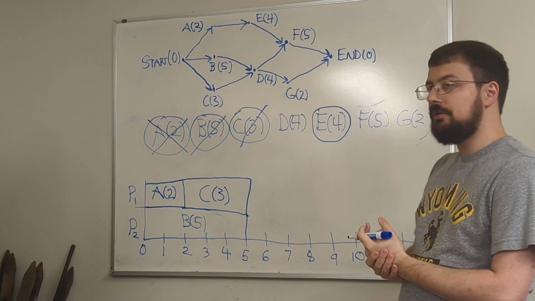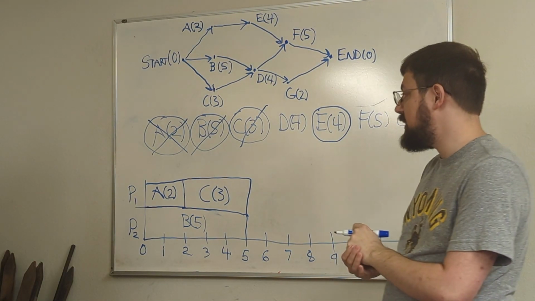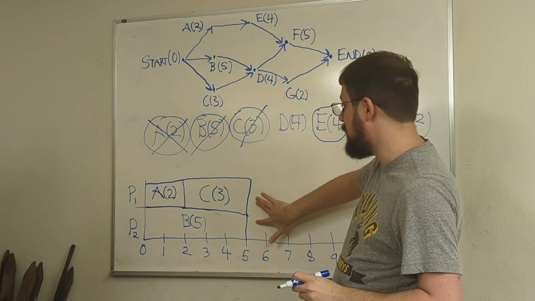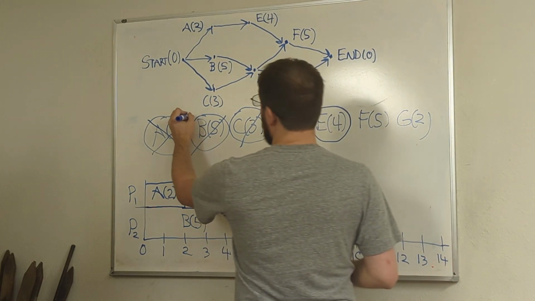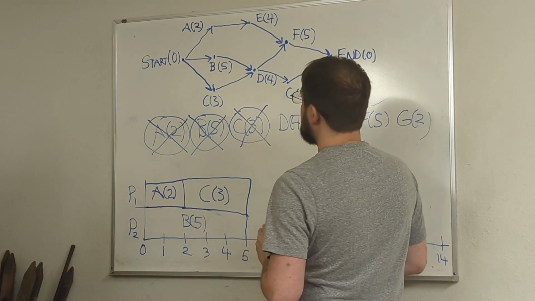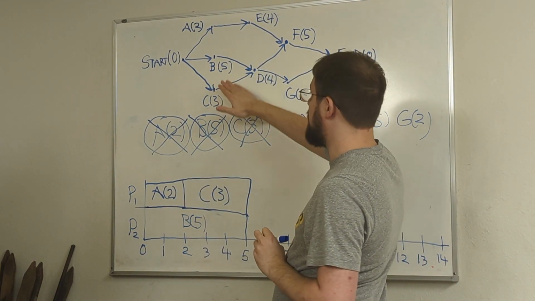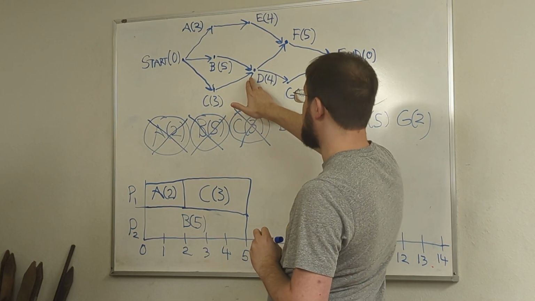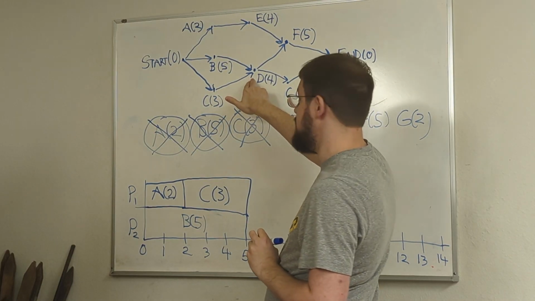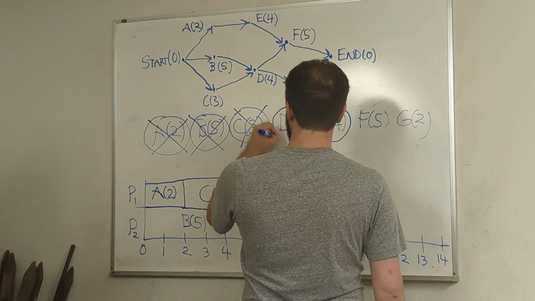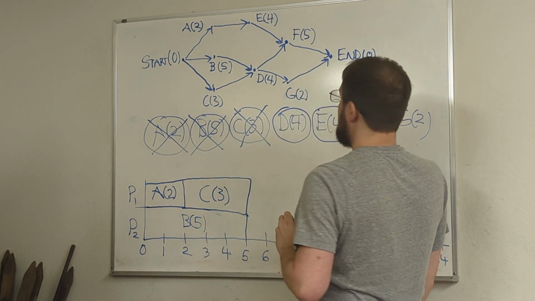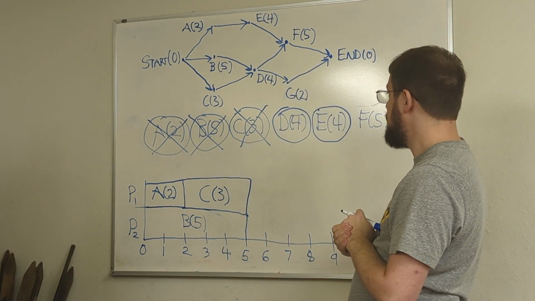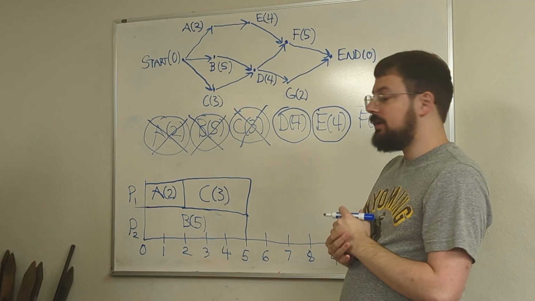Now you'll notice that we next have two things happening at the same time. B and C are both going to finish. If we look at our project diagram, we notice that finishing B and C opens up task D. So task D is now available.